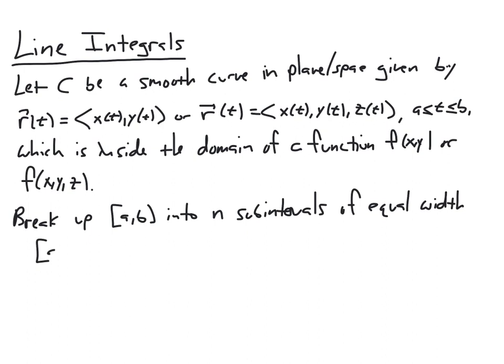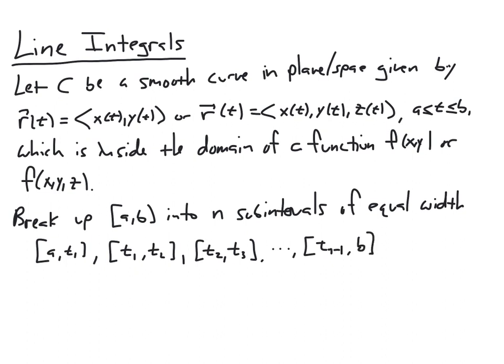Right, so we will define a to t1, t1 to t2, t2 to t3, and so on. And the last one will be t sub n minus 1 to b. So for each of these subintervals, I'm just going to represent it by t sub i minus 1 to t sub i. So represent all of the subintervals.